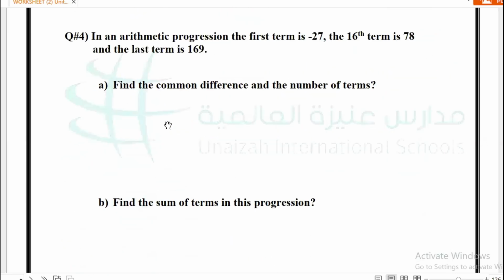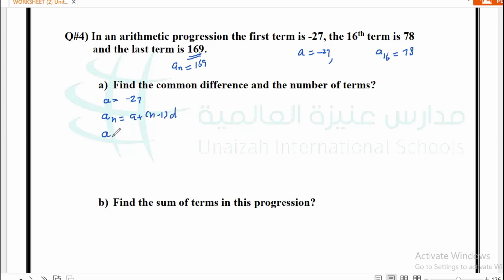Next, question number 4. In an arithmetic progression, the first term is minus 27, and the 16th term, A16, is 78, and the last term, which we can say is An, is 169. So find the common difference and the number of terms. As we know, A equals minus 27, and remember that An is equal to a plus n minus 1 d.